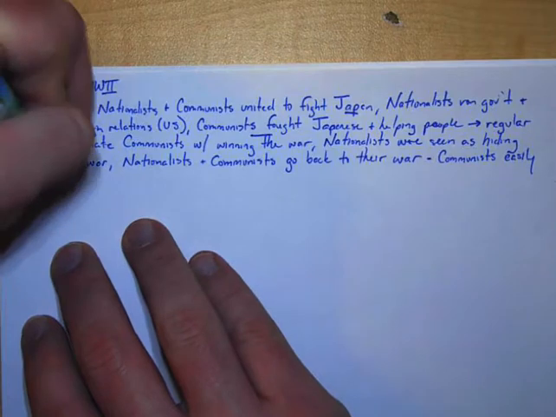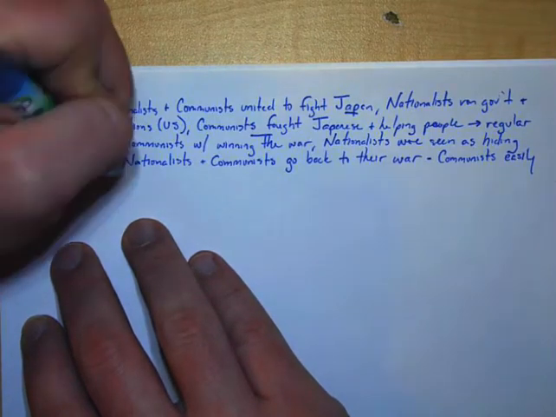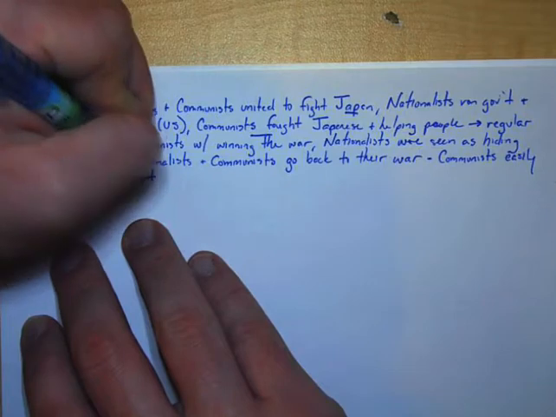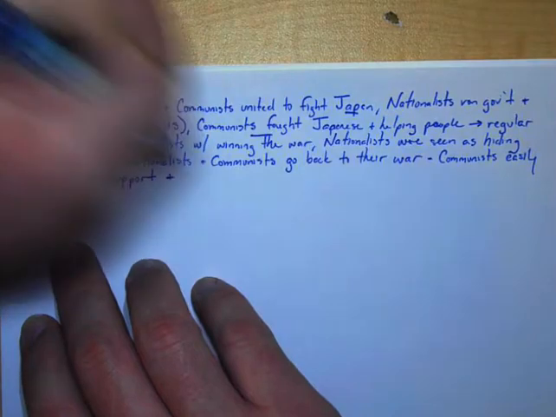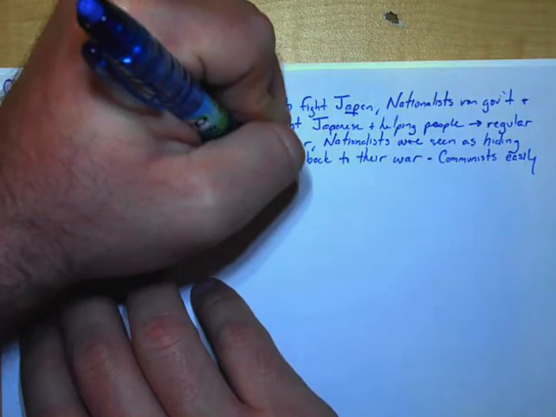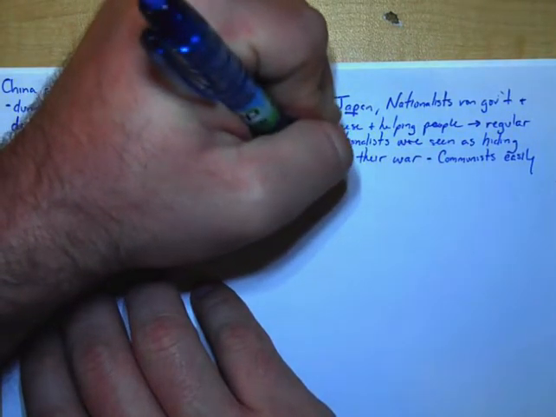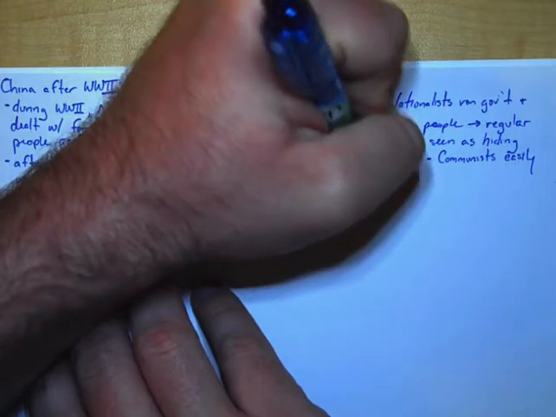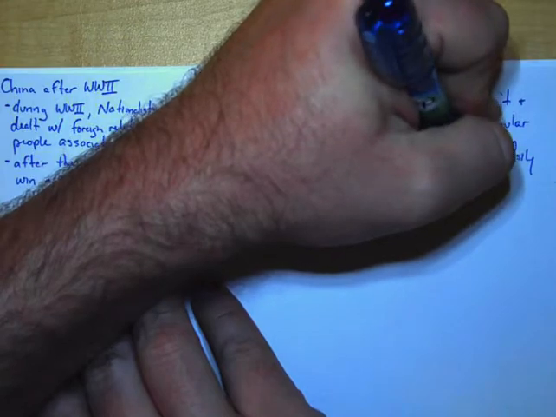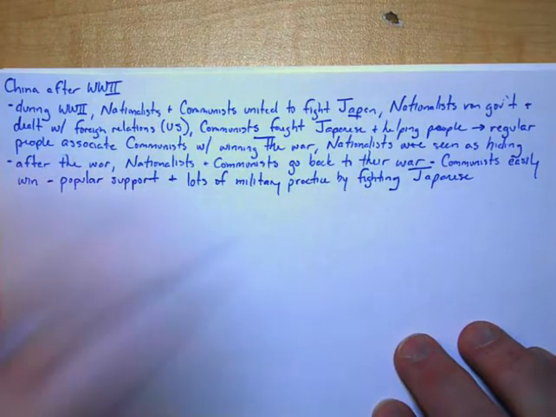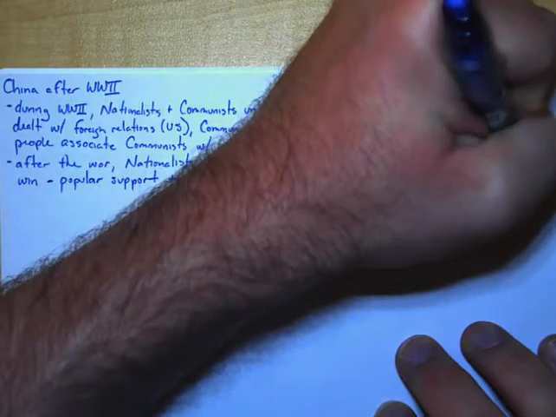One, they had popular support. The people liked them and saw them as helpful in winning the war against Japan. And they had lots of military practice by fighting the Japanese. And so the communists easily win, and this happens in 1949.